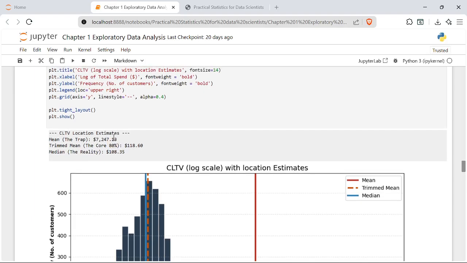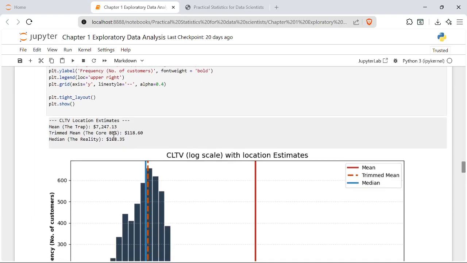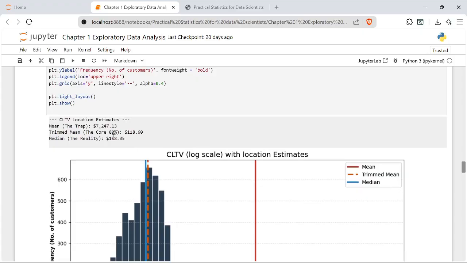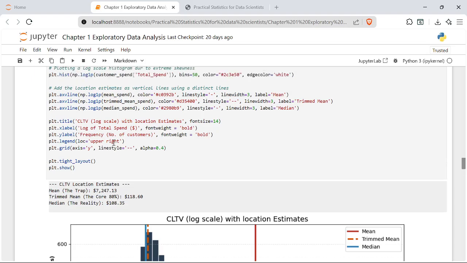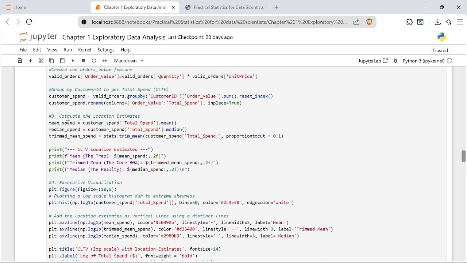Finally, we have the output. So first we generated random data. Let me show you our random data as well.